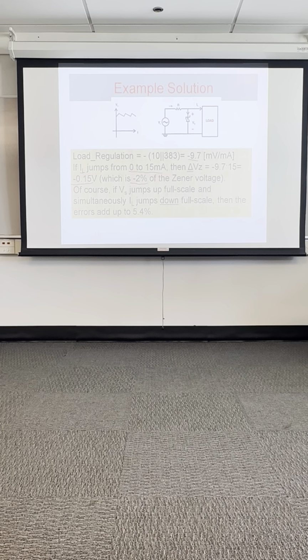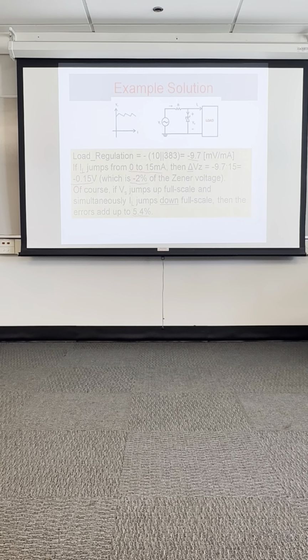Now the note is, if the source jumps full scale at the same time the load jumps full scale down, then the error jumps up to 5.4%. So there's a worst case when the peak of the ripple is at the peak, and then the load acts for zero current, the error is going to go up.